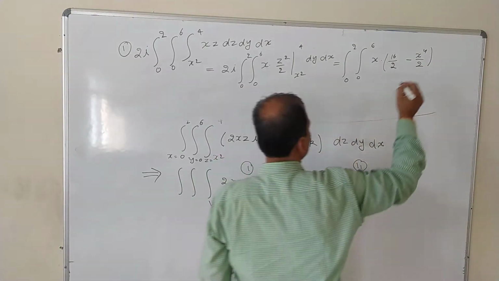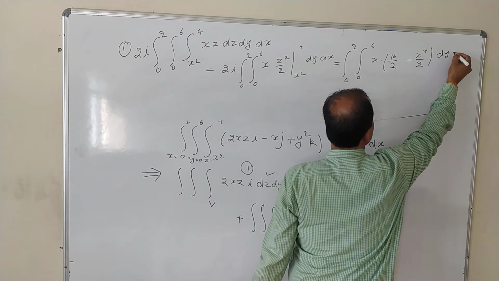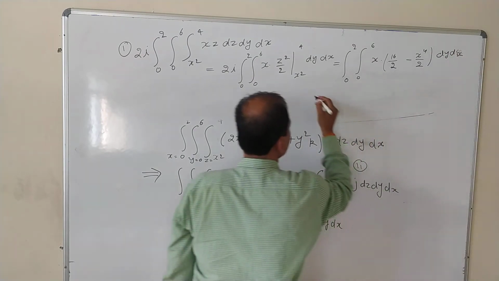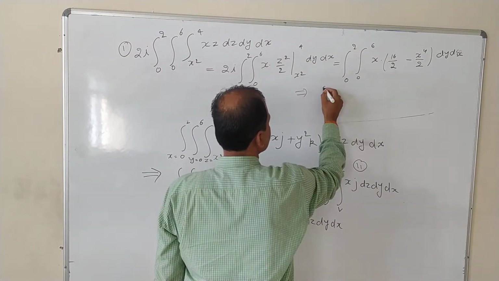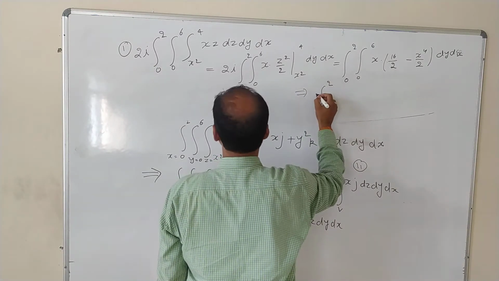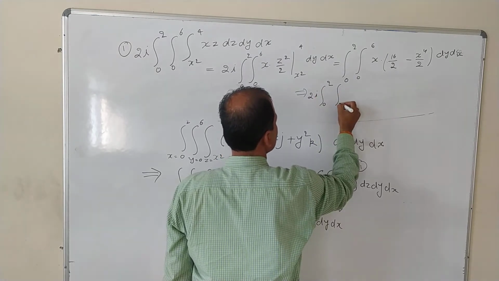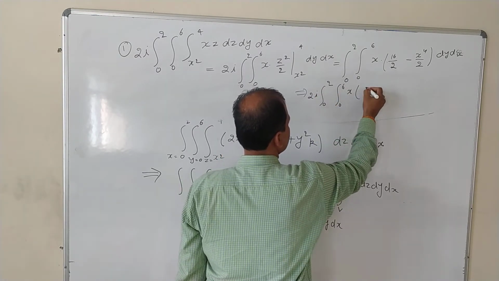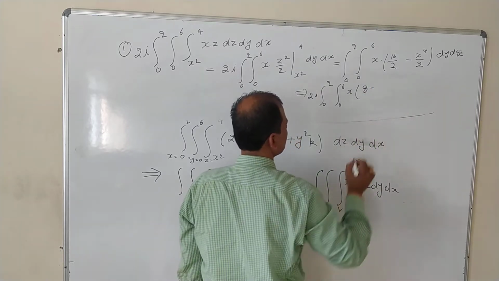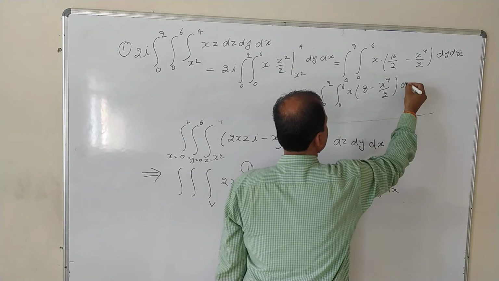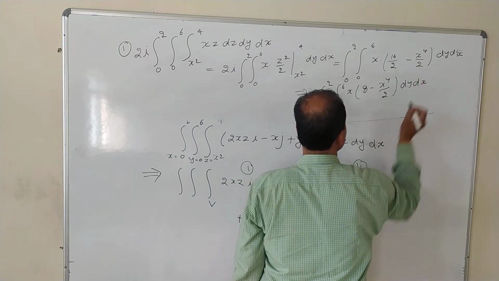And dy dx. So this will be 2i, 0 to 2, 0 to 6, x times 8 minus x power 4 by 2, dy dx.